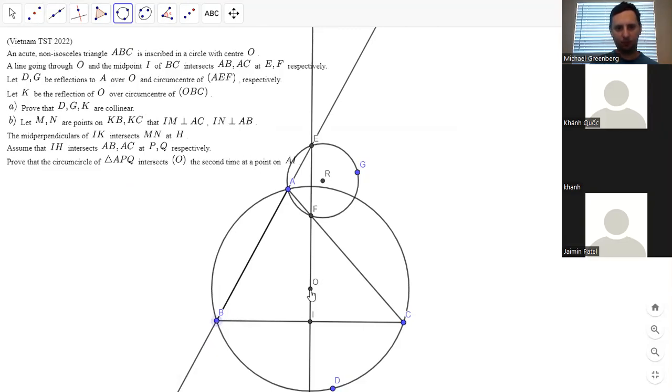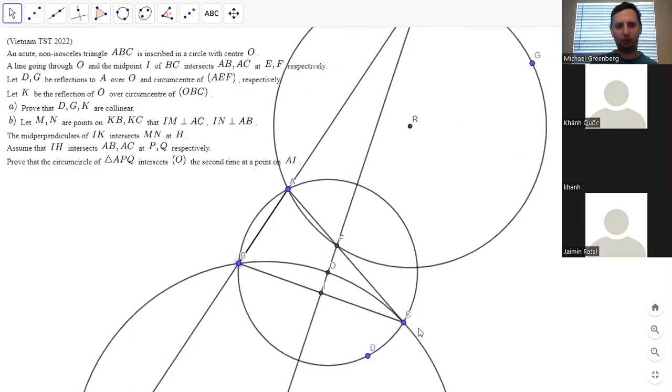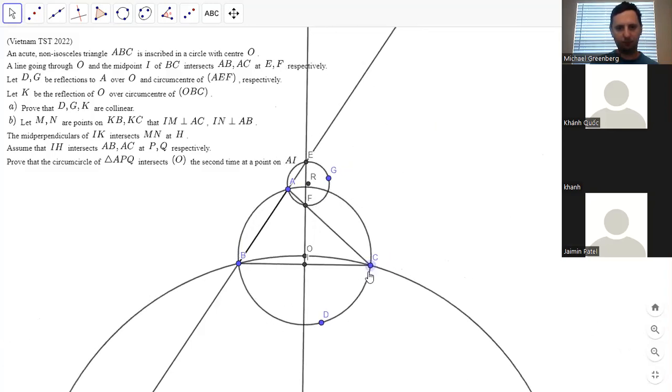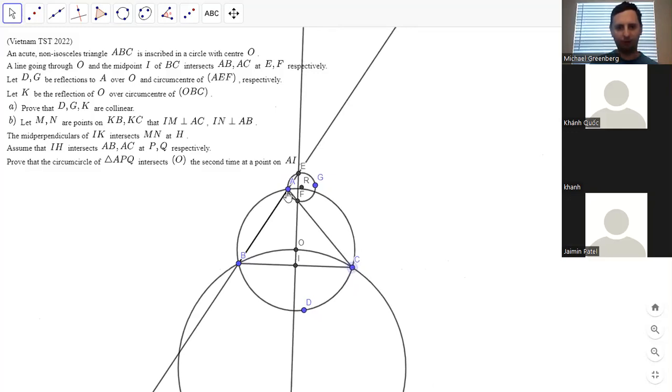Okay, now we're going to have to make more room. So try to make this a smaller figure. We want to see the circumcenter of BOC basically.